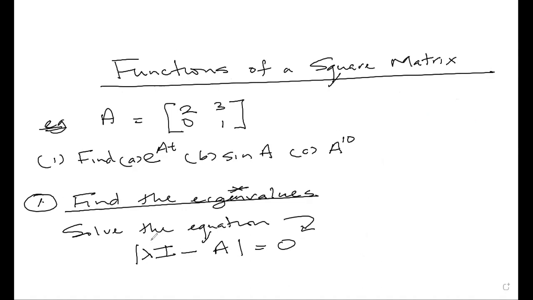I say find eigenvalues, solve this equation. So is lambda, do you know what is I? Identity matrix. Yes, sir. We know what is A. 1001. So now this here is the equation that I must solve.